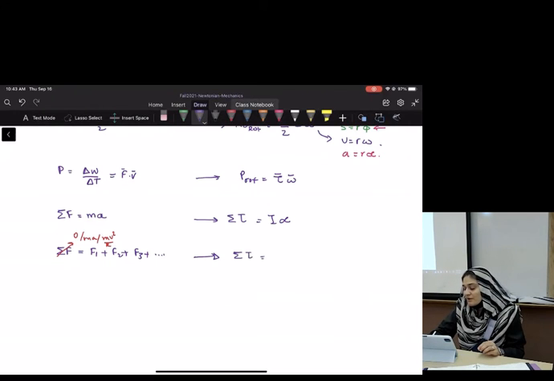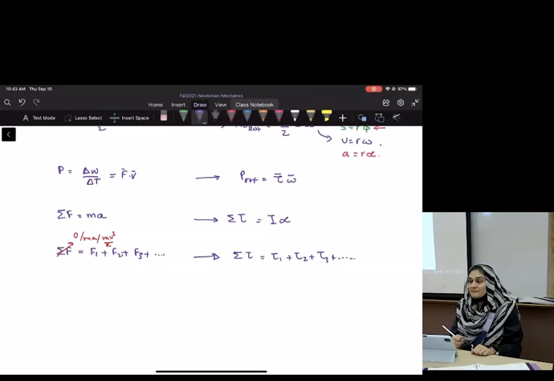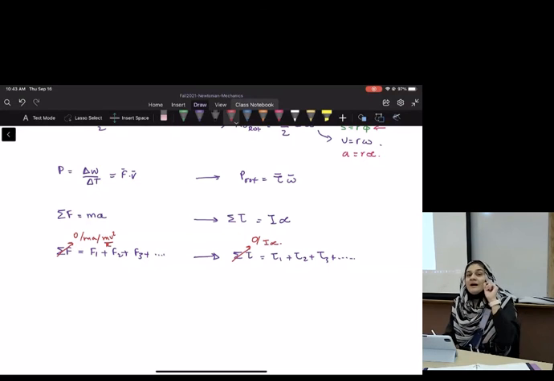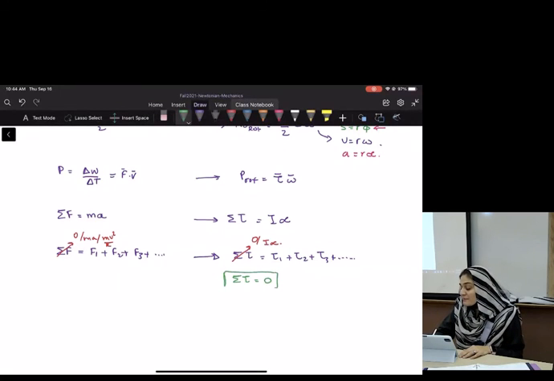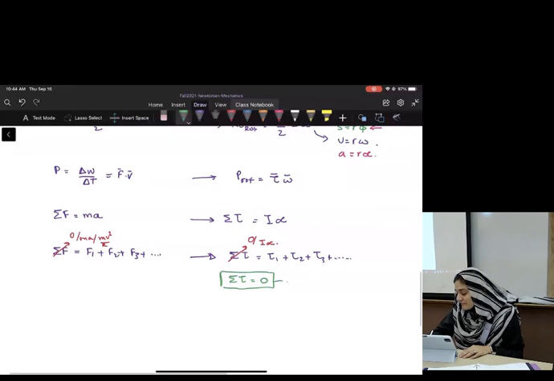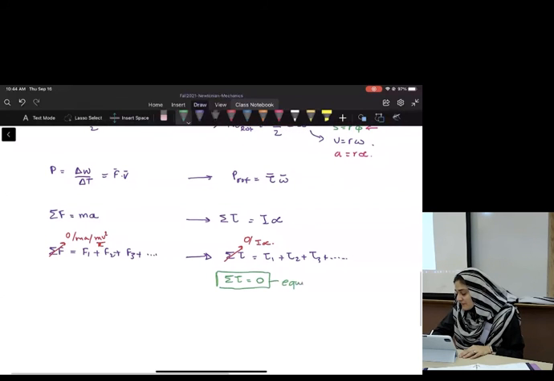Torque. So you find all the forces that are causing the torques, and then you set this side equal to either 0 or I alpha. See it? It's literally the same thing. However, there is a fancy word: sigma torque equals 0 is called the equilibrium condition.